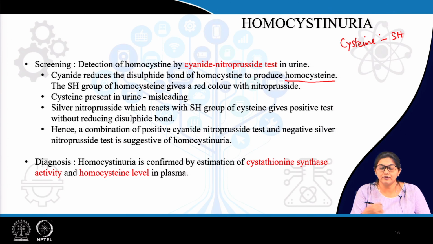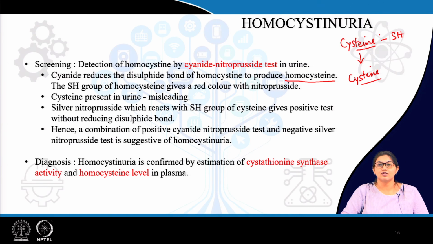So, when oxidized, two molecules of cysteine are joined to form cystine. Here please notice the spelling: homocysteine is spelled T-E-I-N-E, whereas cystine is only T-I-N-E. So, basically cystine is the diamino acid, whereas homocysteine is the single amino acid we are talking about here.